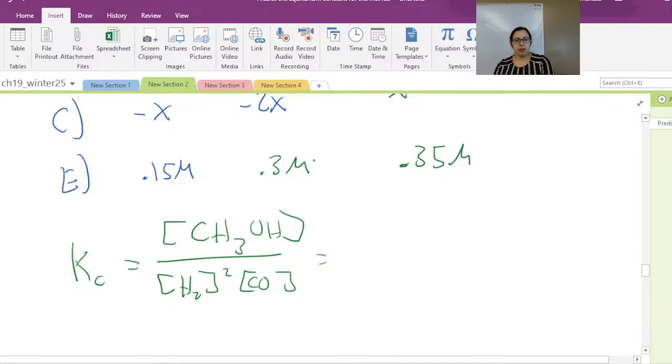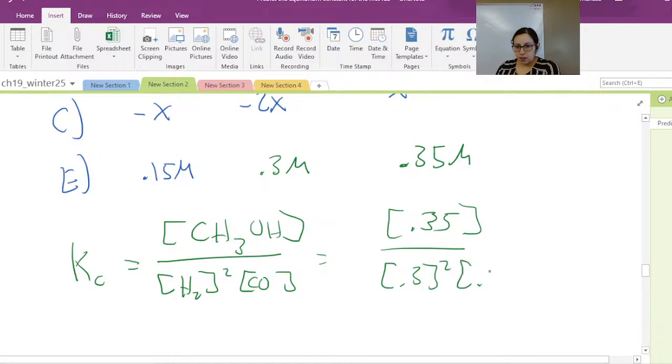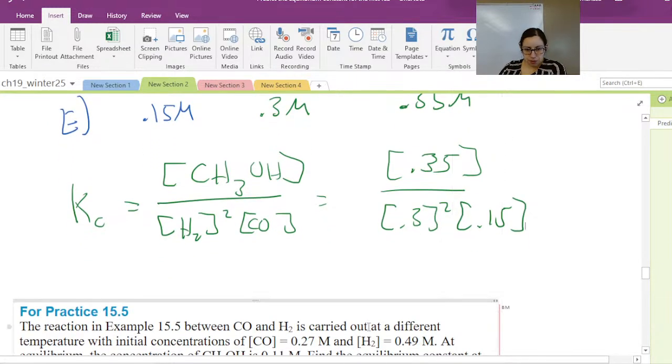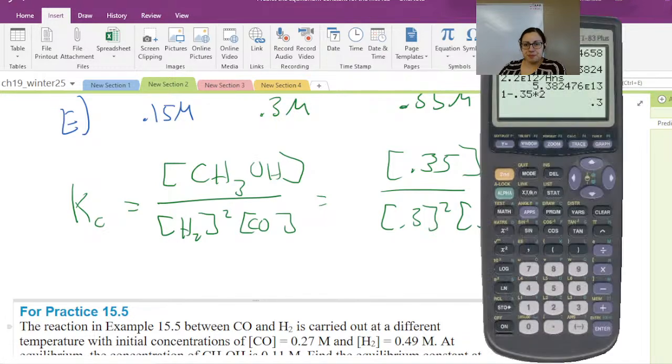Now we can plug in the values that we just found at equilibrium. So 0.35 over 0.3 squared times 0.15. And so now we can get our equilibrium constant for this reaction.